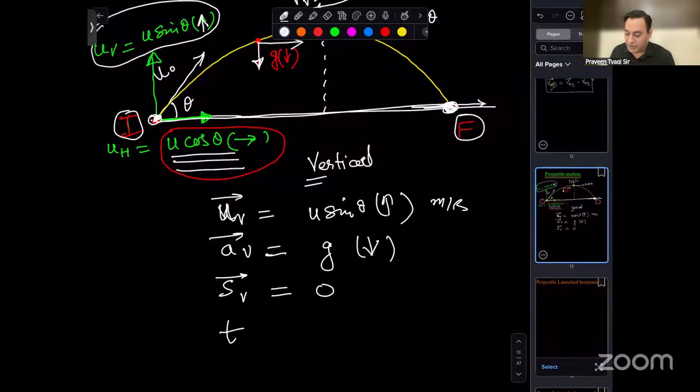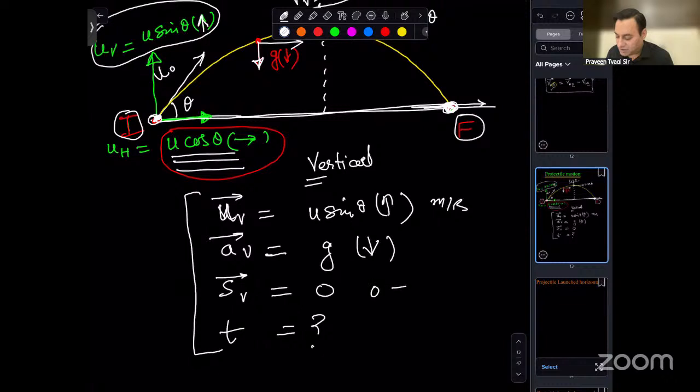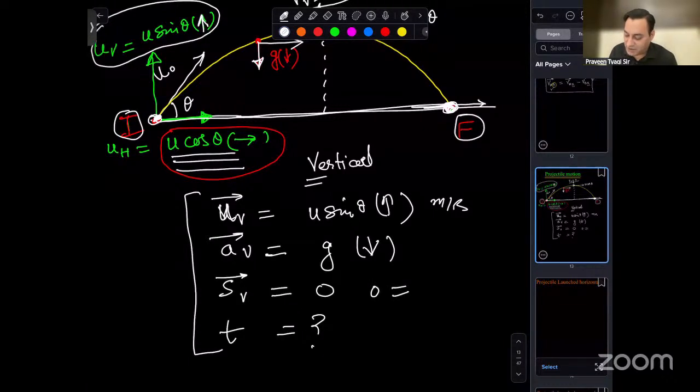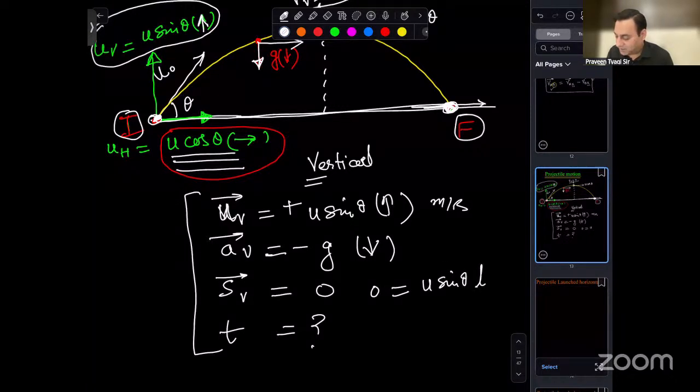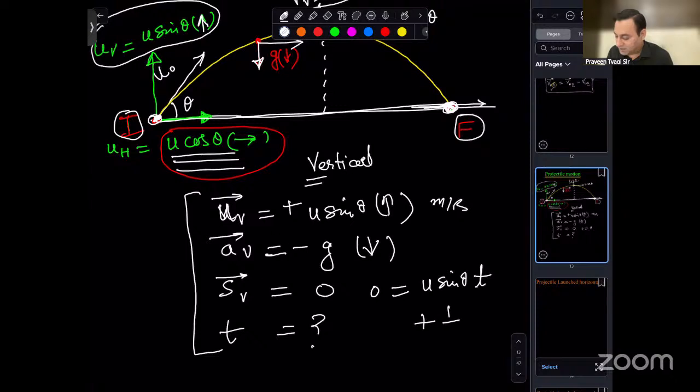And I have to find the time of flight. Which equation will I use here? S is equal to ut plus half at square. 0 is equal to, I'm assuming upward direction to be positive, so any vector in downward direction will be negative. S is equal to ut plus half at square: u sine theta t plus half minus g t square.